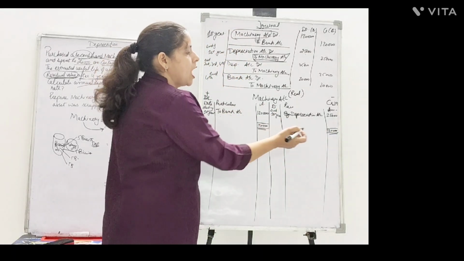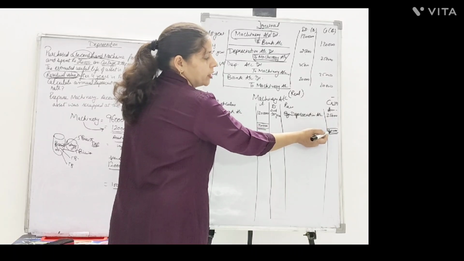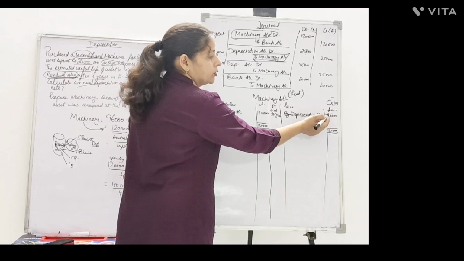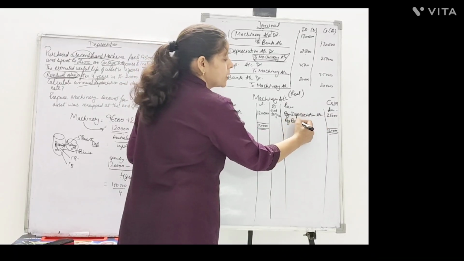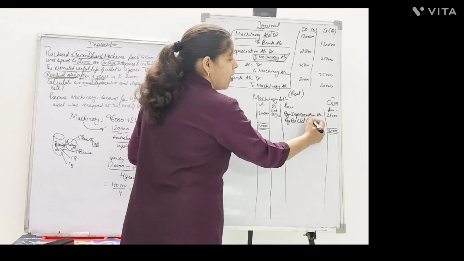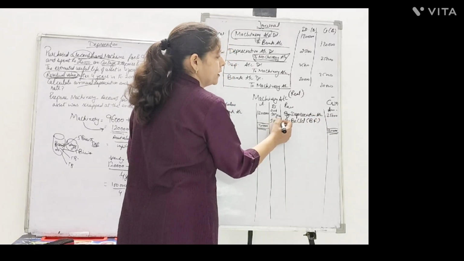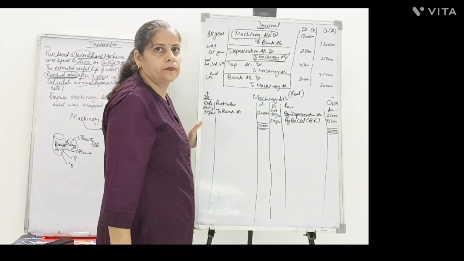Then how much is this less? This is only 25,000. So 1,20,000 minus 25,000. How much is the value of the asset left at the end of first year? That is 95,000 rupees.